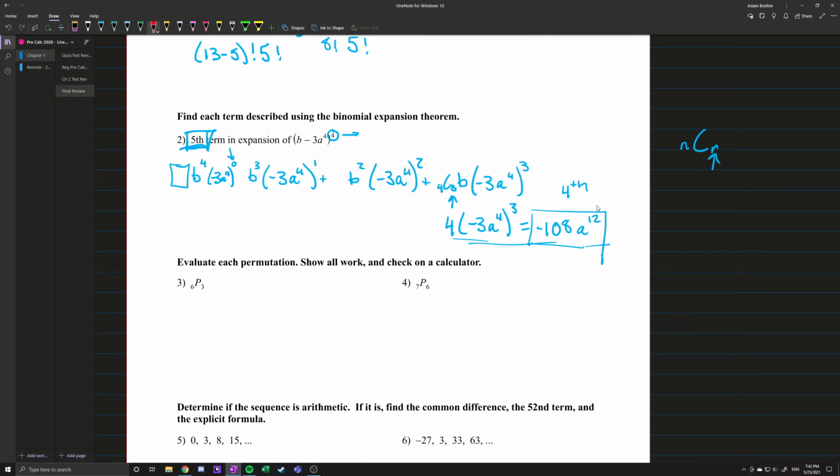So the fifth term would just be b to the 0, negative 3a to the fourth, and then we would have 4 choose 4. 4 choose 4 is just 1, b to the 0 is just 1, and then we have negative 3a to the fourth, which equals negative 3 to the fourth. That's 81. a to the fourth is a to the 16th. And then this is our term.